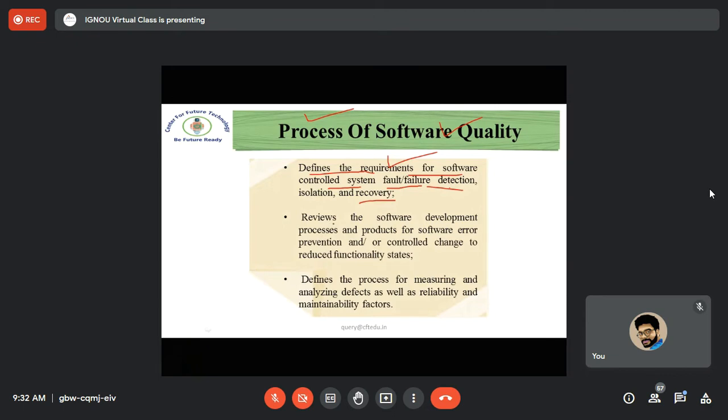So again, the entire process revolves around review, in which we review the software development processes.